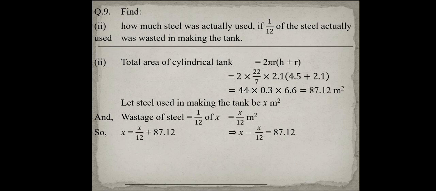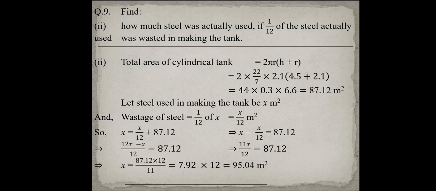Now one part, 1 by 12, is the waste, so that is X upon 12. So the value of X is here, X minus X upon 12 equal to 87.12. After cross multiplying, adding and subtracting, we find the value of X equals 95.04 meter square.